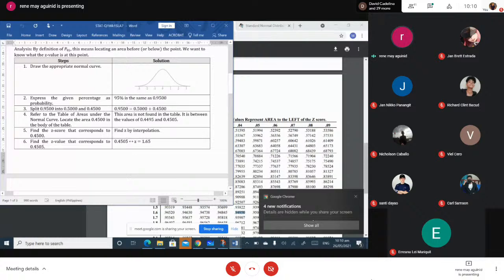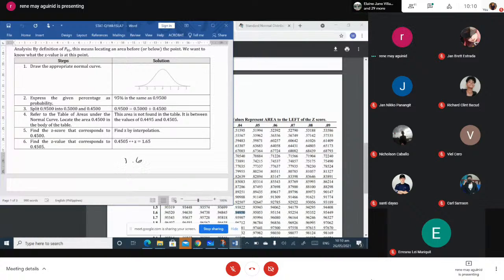Kung ang difference gikan sa 0.95, pareho sila. So, direta, i-interpolate na nimo, i-add nimo together, i-divide nimo 2, makuha 1.645.